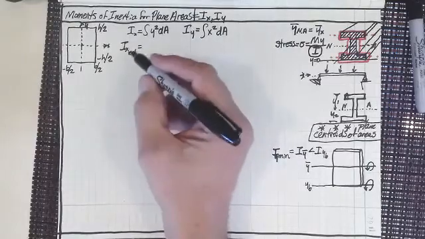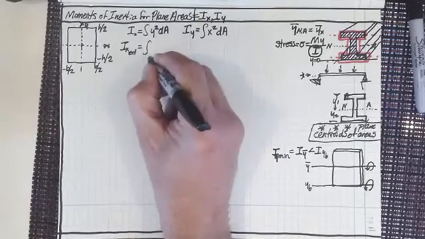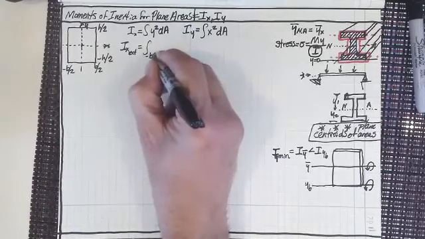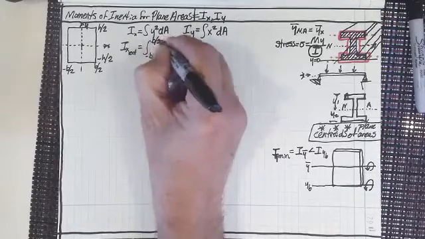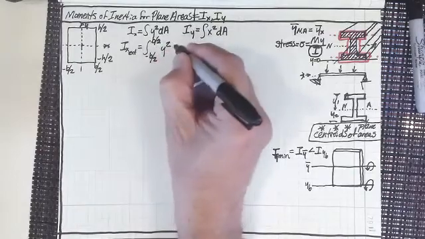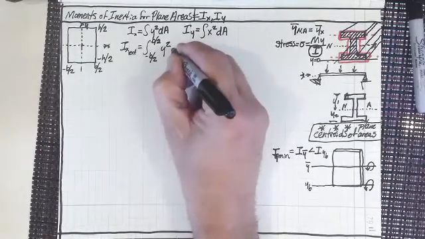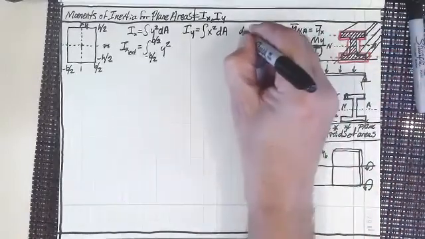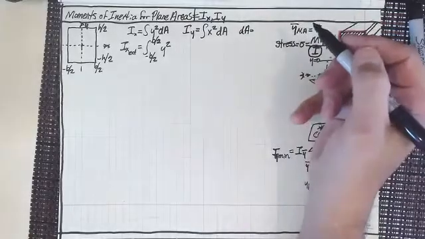And that means that I have the integral from minus b over 2 to plus b over 2 of y squared times dA. Now, what is dA? Let's just look at dA for a second before I just write dA and then have to write the whole thing all over again.